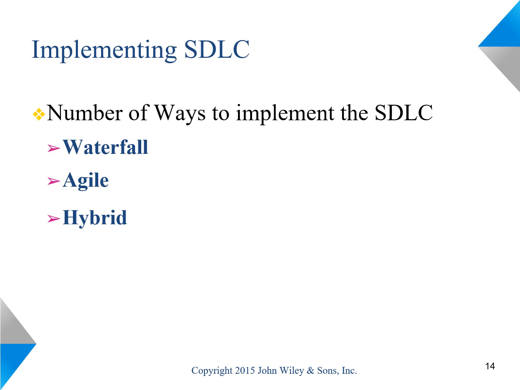The hybrid approach combines the waterfall and agile approaches. For example, in a hybrid approach, the project team may develop the general requirements for the entire system, but chunk up the system into smaller releases.